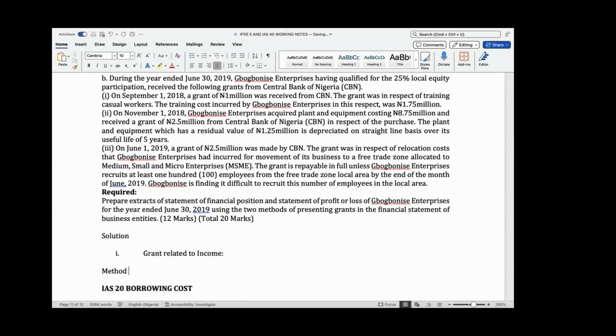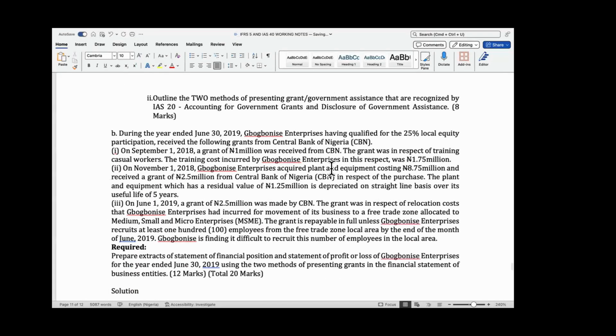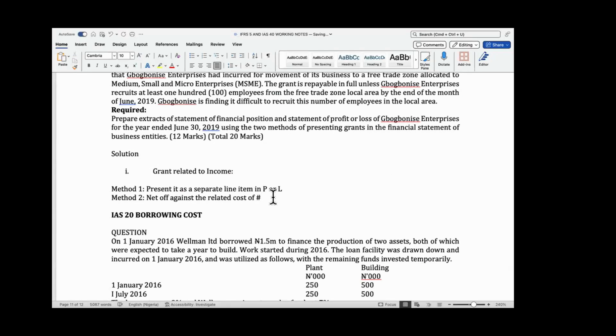So here, method one for a grant related to income is that you present it as a separate line item in P&L, and method two is that you net it off against the related cost. I think they give us the related cost: 1.75 million.